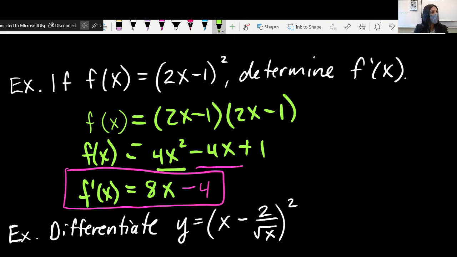Yes? You mean like in this case factor? Okay, that's a really good question. So it kind of depends on what we're doing, but if we're just coming up with an answer, I would prefer that you leave it like this and not put brackets in. But it really doesn't matter. If you were to factor out the 4 and rewrite this, that would also be correct.